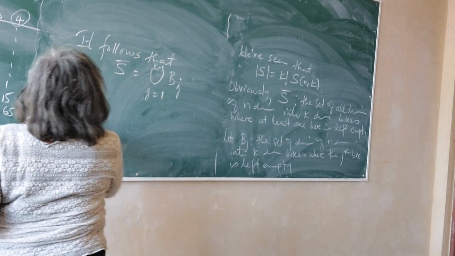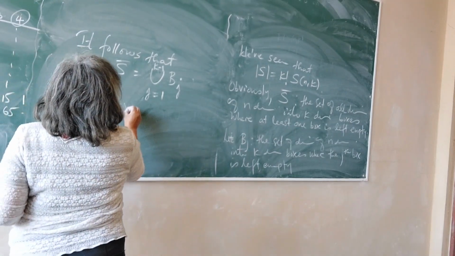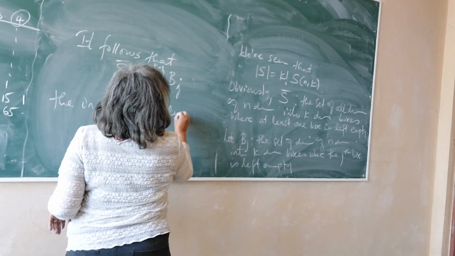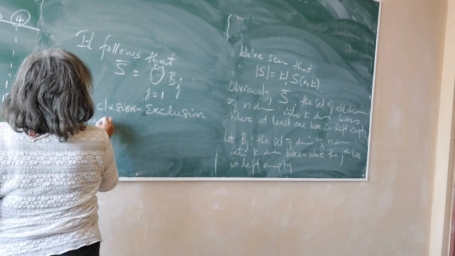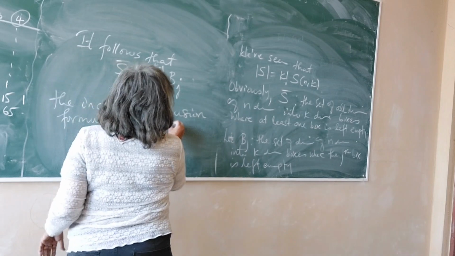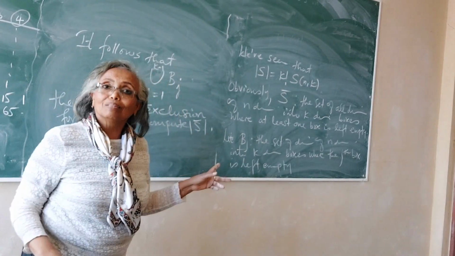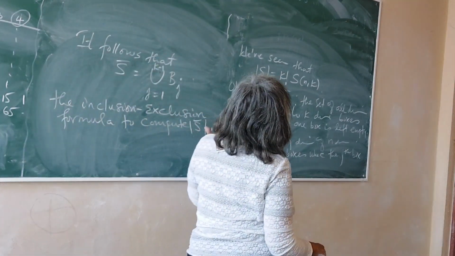Now, S bar is this union. We need the inclusion-exclusion formula to compute the size of S bar, because that is what we are interested in.